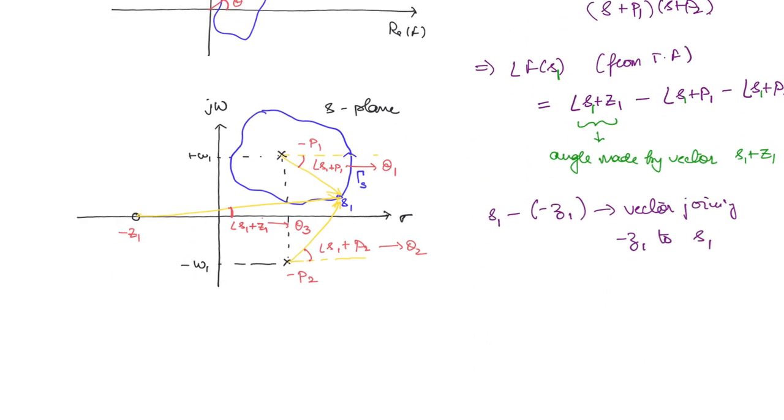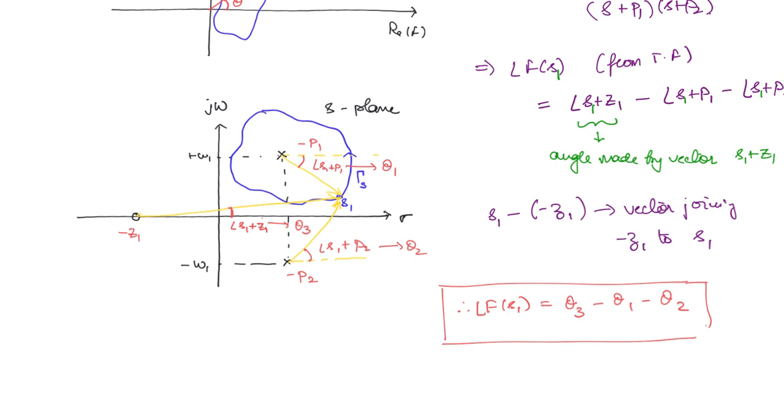Then what will you get? Angle f of s1 will be equal to theta 3 minus theta 1 minus theta 2, right? Now if this much is clear, then you can go to the next part. If it is not clear, then just rewind and listen to the lecture again, because if you don't understand till this point, the next part will become even more difficult to understand.